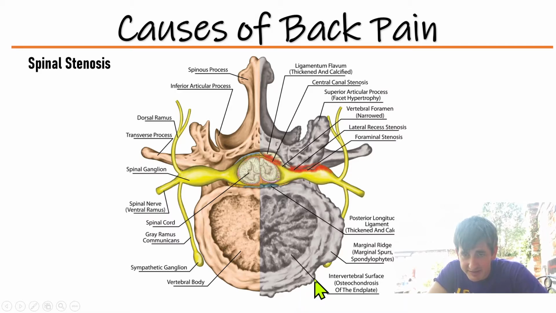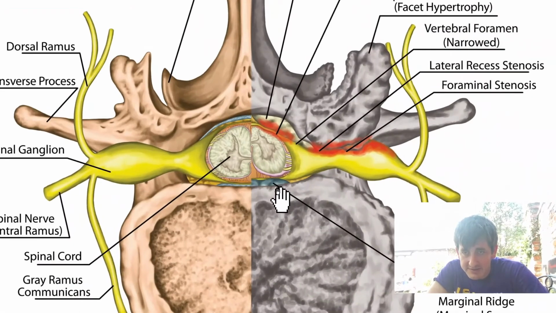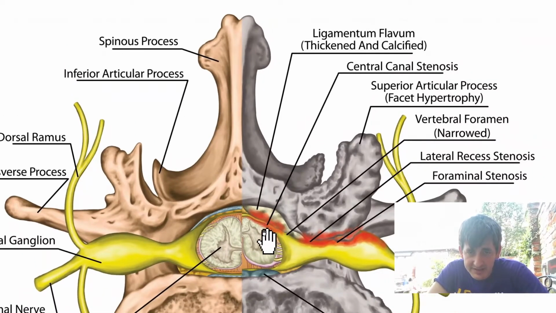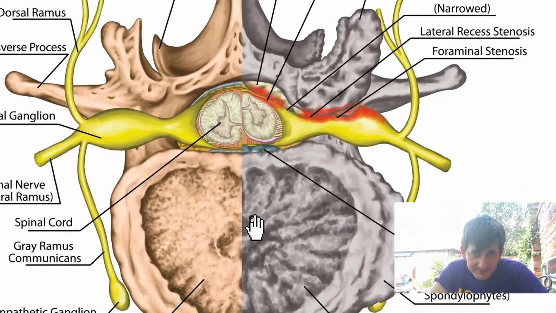Well, this says spondylophytes, marginal ridge, spurs, posterior longitudinal ligament thickened, calcification. You can press against the central canal. Ligamentum flavum also thickened and calcified, can press against the canal, compressing the spinal cord or canal.